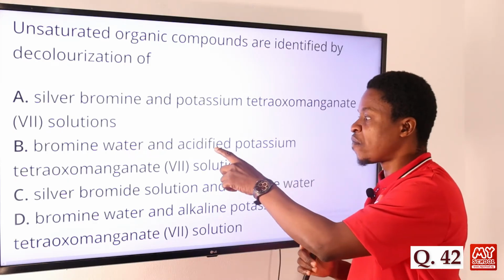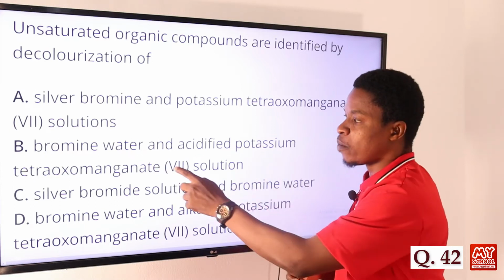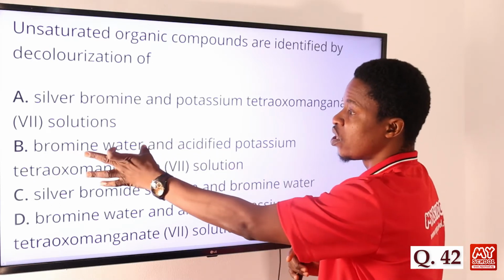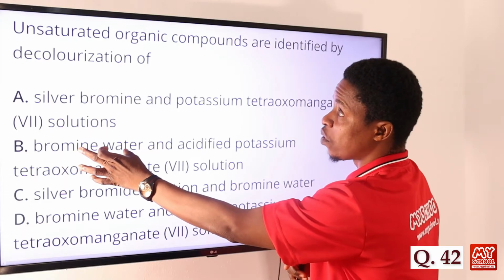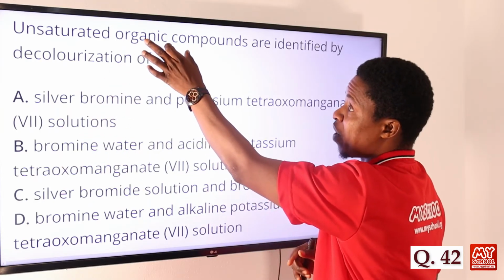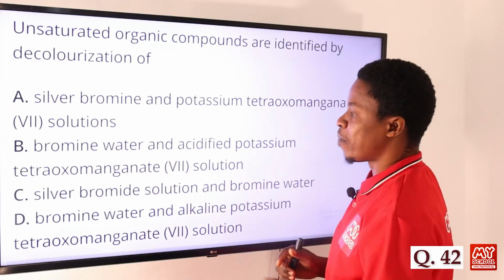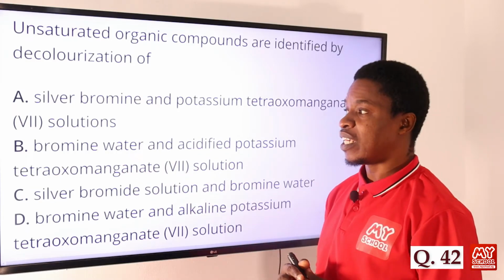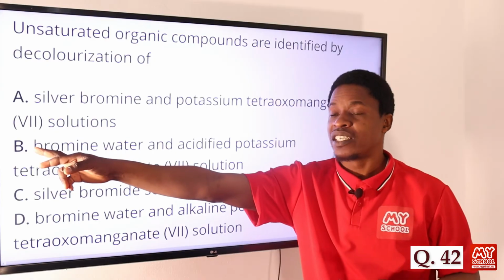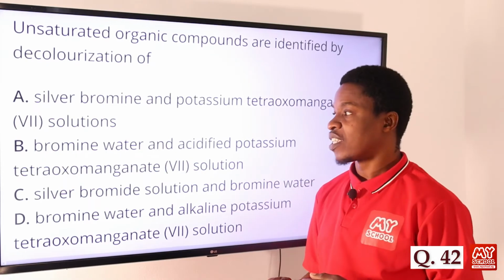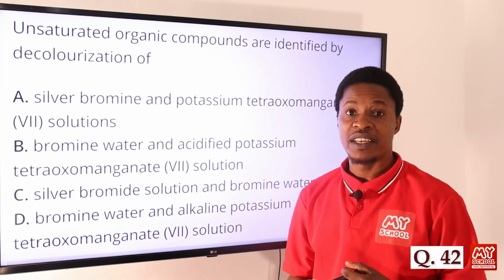So it is acidified potassium tetraoxomanganate 7 solution. These two, bromine water react with unsaturated hydrocarbon organic compound to get them decolorized, and also acidified potassium tetraoxomanganate 7 solution is the answer. So the correct option here is option B, bromine water and acidified KMnO4.